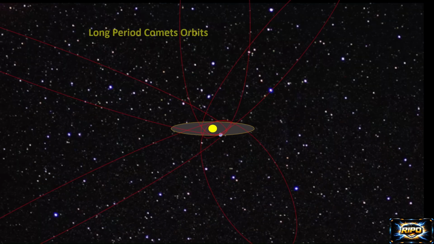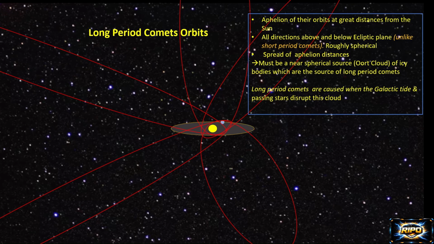These aren't constrained to be in the plane of the ecliptic, they can either go well above or well below the ecliptic, and they can orbit the Sun any way, the same direction that the Earth does or in the opposite direction.